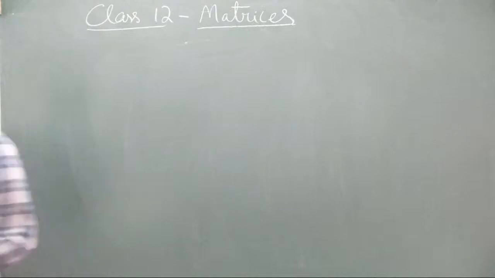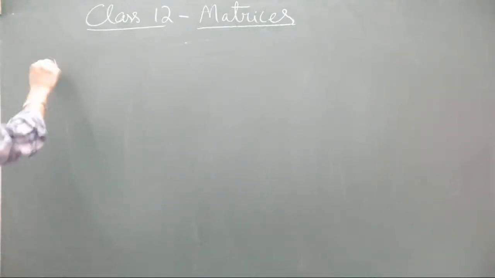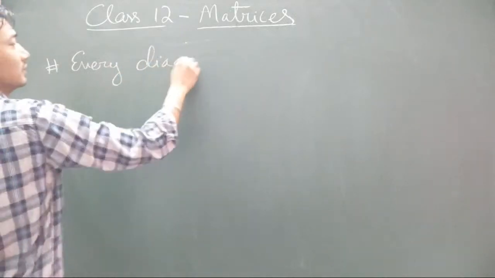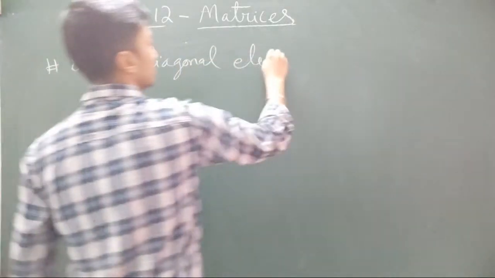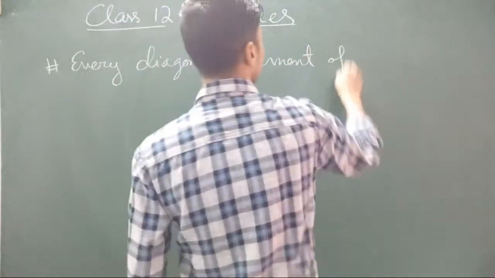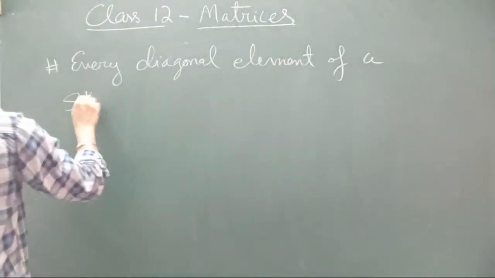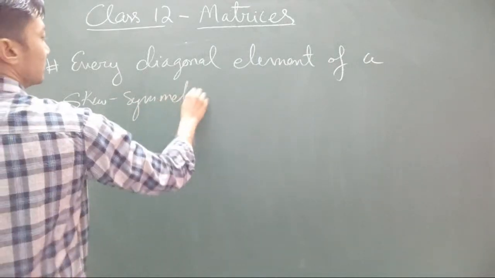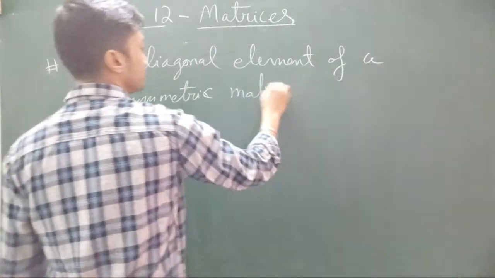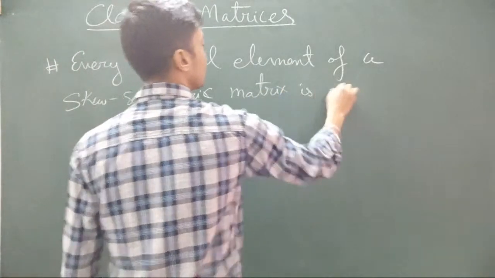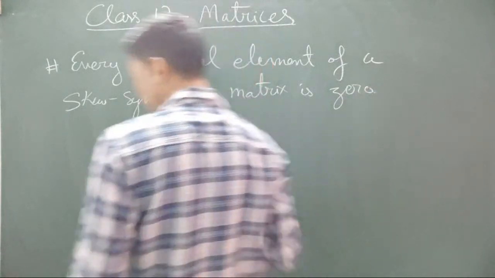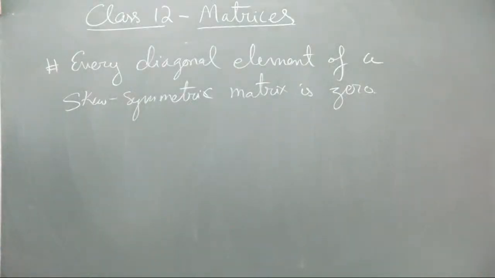One unique property about this skew matrix is, we will not go for the proof again, every diagonal element of a skew-symmetric matrix is 0. This is one special property about a skew-symmetric matrix.